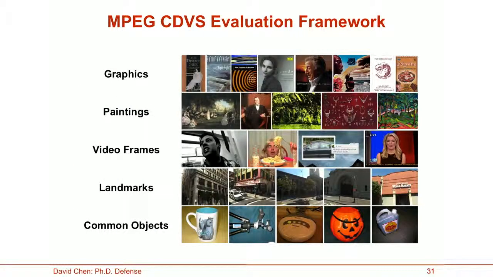To test the effectiveness of our methods, we use the MPEG CDVS evaluation framework, where CDVS stands for Compact Descriptors for Visual Search. It's a standardization activity within MPEG for building low bitrate descriptors with high matching performance.